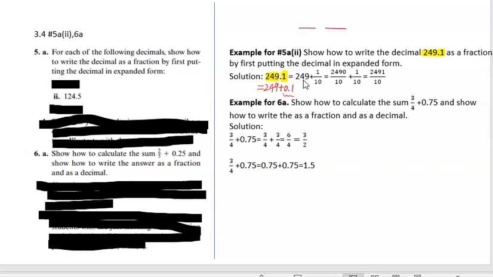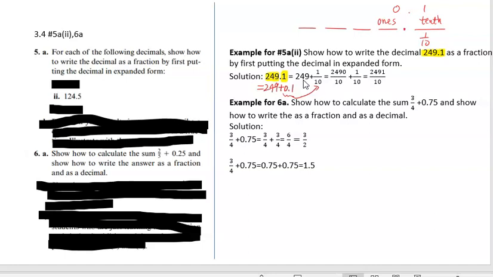If you remember the place value we learned in chapter 1, this is the ones place, decimal point, that's the tenths, which means 0.1 equals 1/10. And so we turn that decimal part into a fraction, 1/10.